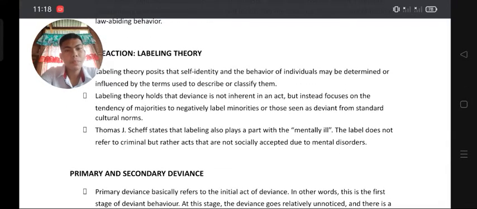Thomas Scheff states labeling also plays a part with the mentally ill, and the label does not refer to the criminal but rather to acts that are not usually socially accepted due to mental disorders.